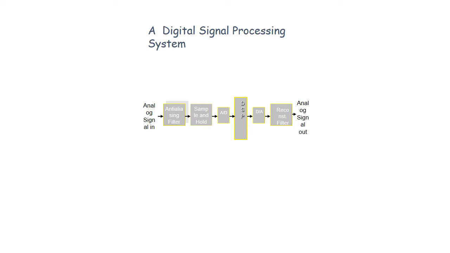It is applicable to both streaming data and static data sets. Next it will be passed into the digital to analog conversion. After that, the reconstruction filter, and then it is passed into the analog signal output.